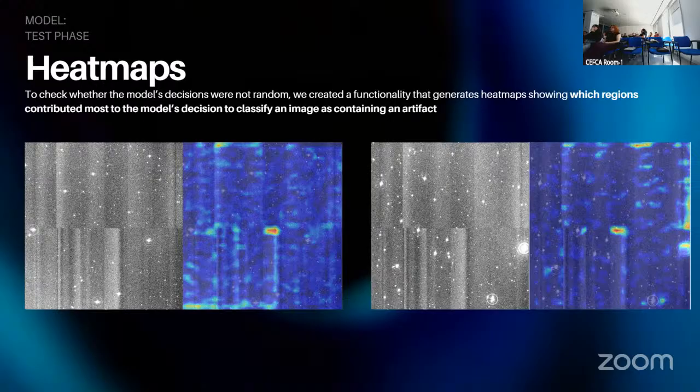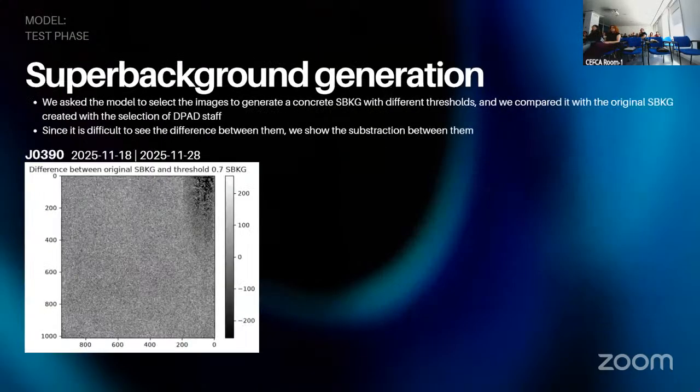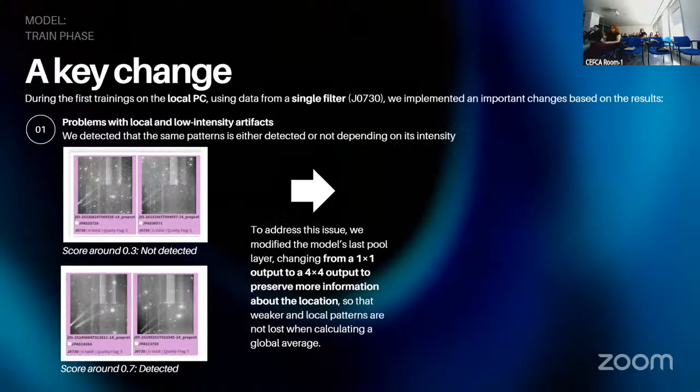I think your model just sees where the contrast is high. For instance, for this amplifier, it looks just at the border where the contrast is high. Actually, I have to say that I don't know what the model is doing here. In the first slide, when you showed the not detected case, the reflection was the same, but in one case it was detected and in another it was not.